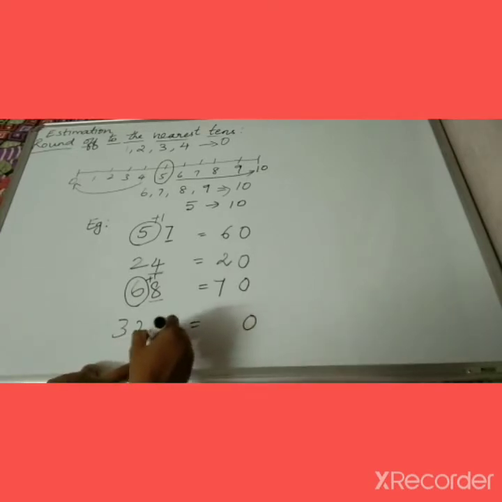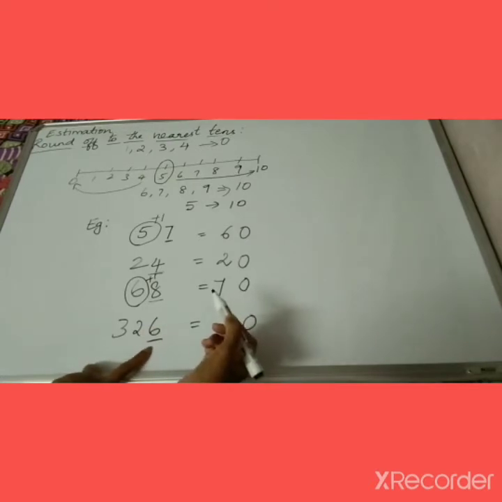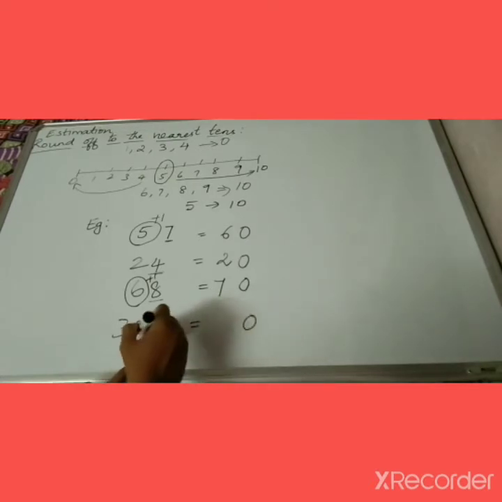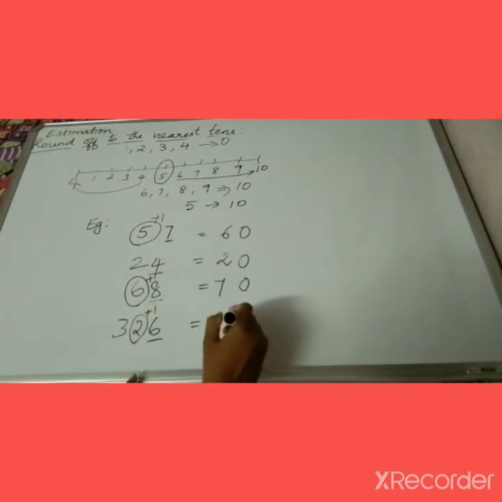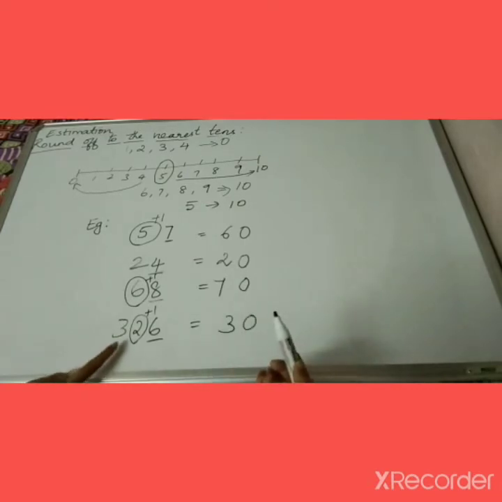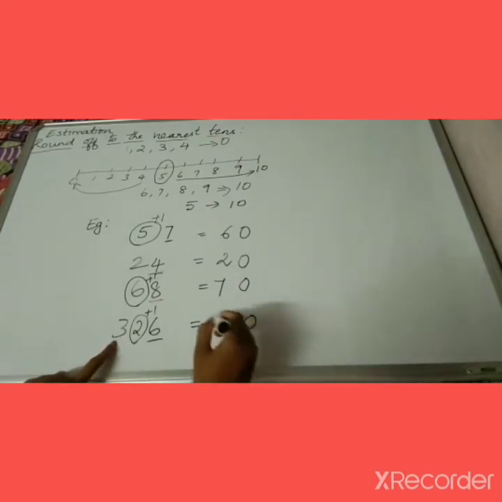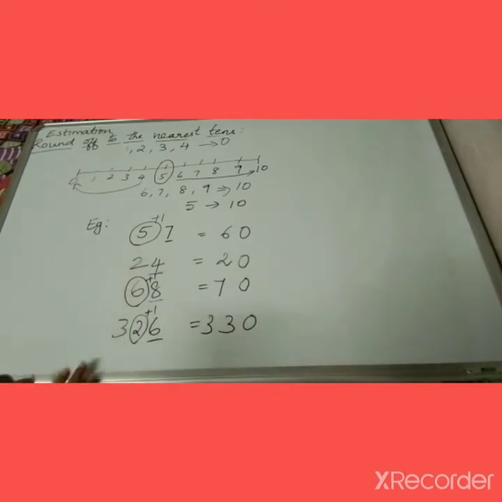In the ones place we have 6, which is greater than 5. So to the previous number we will add 1. So this 2 plus 1 will become 3. And the remaining number, this 3, you will put as it is. So this is the rule we are following to round off to the nearest tens.